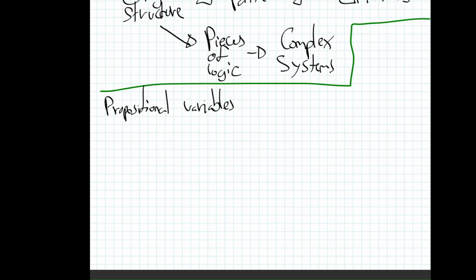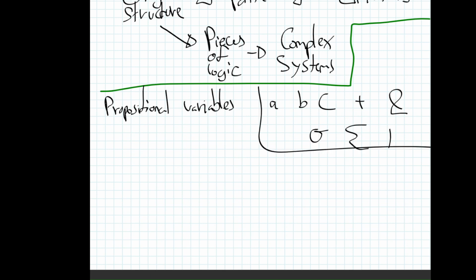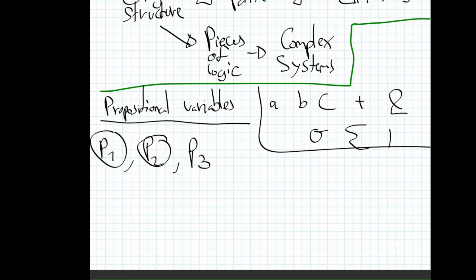Instead of writing A, B, C plus sigma or bitwise or sigma, we will instead use P1, which is proposition 1 or premise 1, P2, P3, and so on.